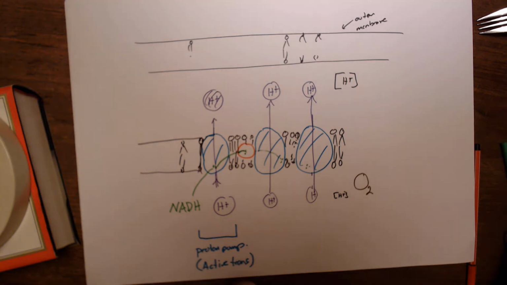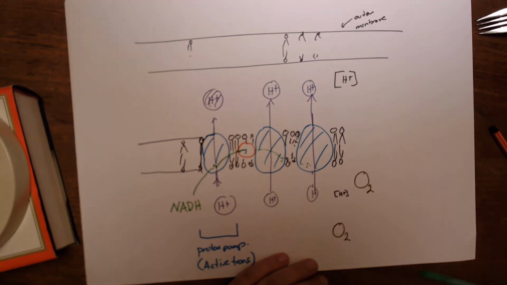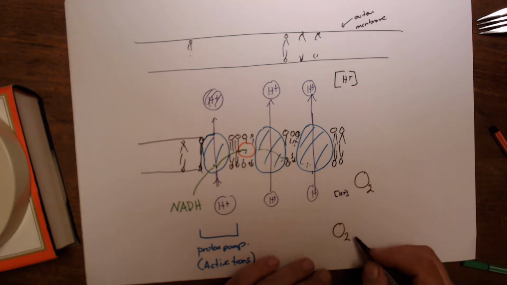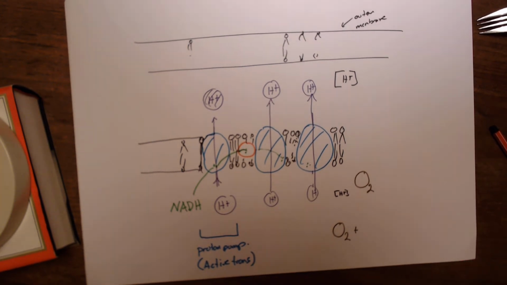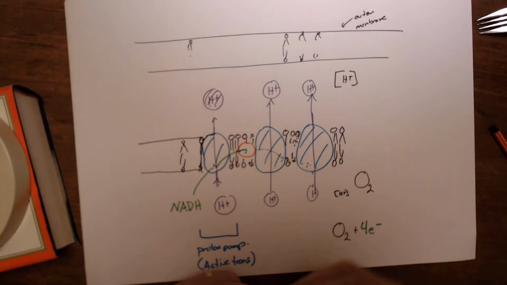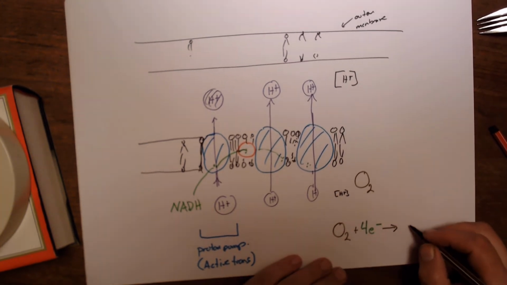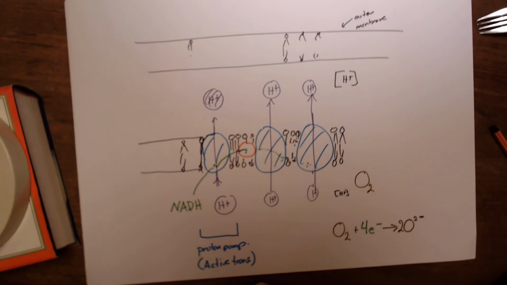So the reaction becomes then, at the other end of this, O2, and you can do it with 2, if you want to, you can do it with actual oxygen. So then you have to have plus 4 electrons. So this has to happen a couple times, right? 4 electrons makes 2 O2 minus.